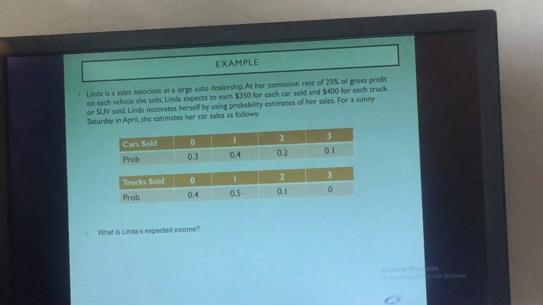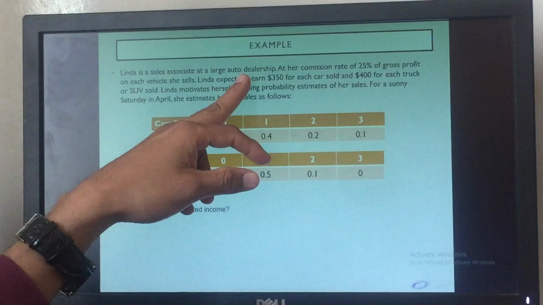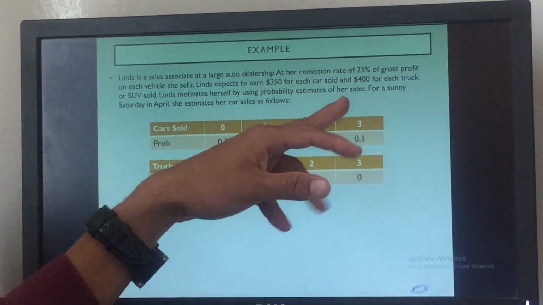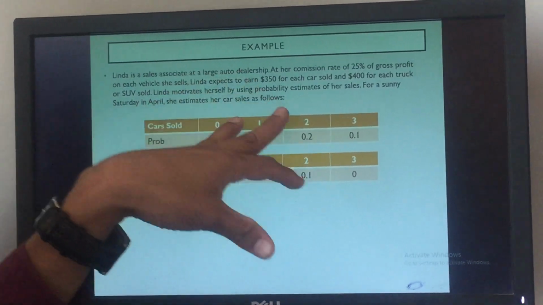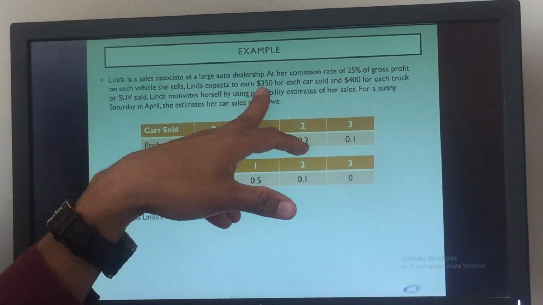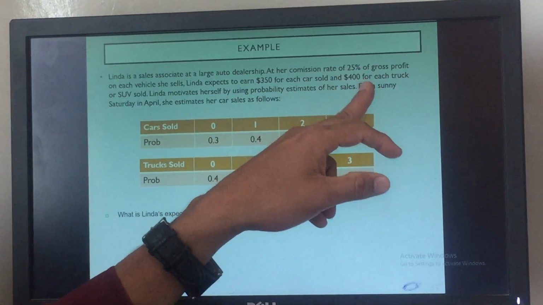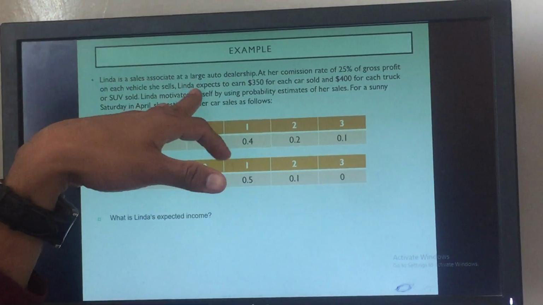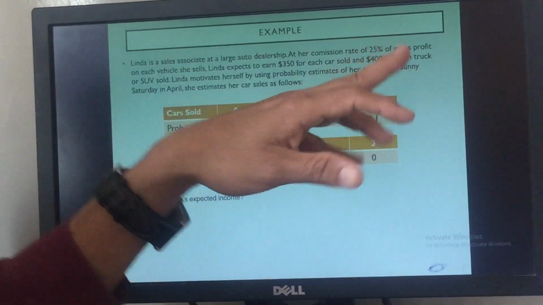So now I have another example. Linda is a sales associate at a large auto dealership. At her commission rate of 25% of gross profit on each vehicle she sells, Linda expects to earn $350 for each car sold and $400 for each truck. Linda motivates herself by using probability estimates of her sales.